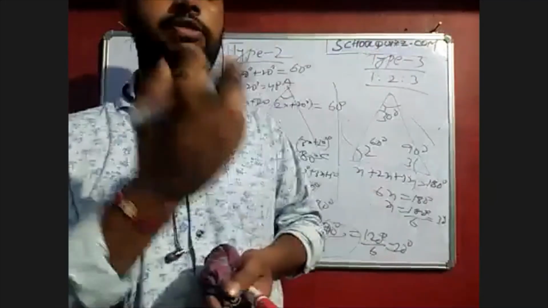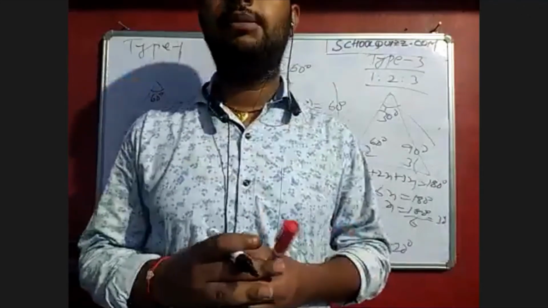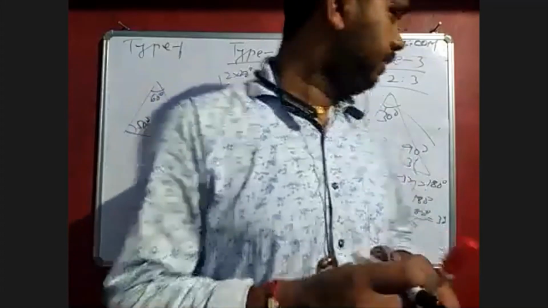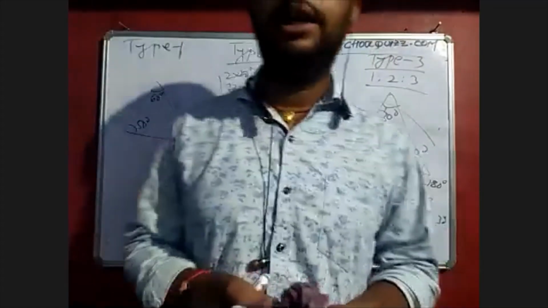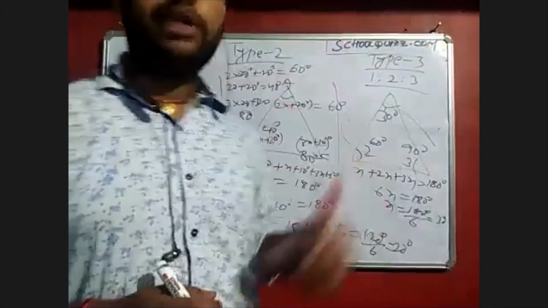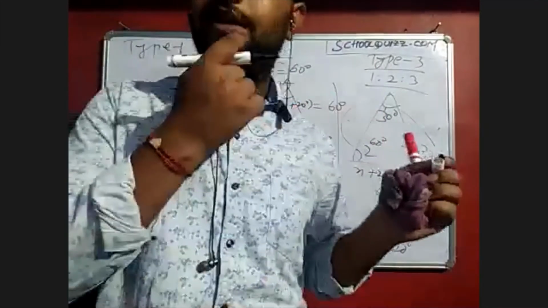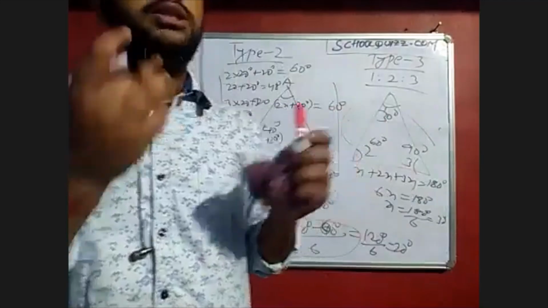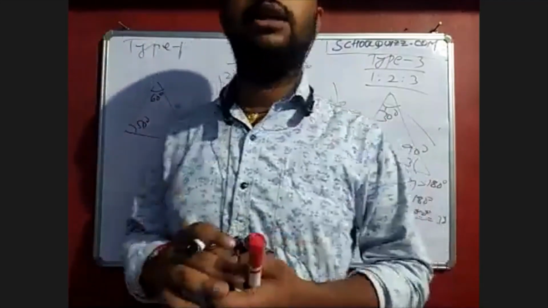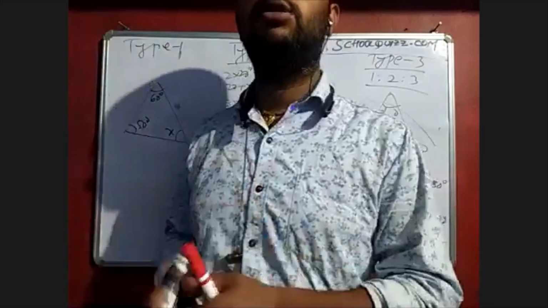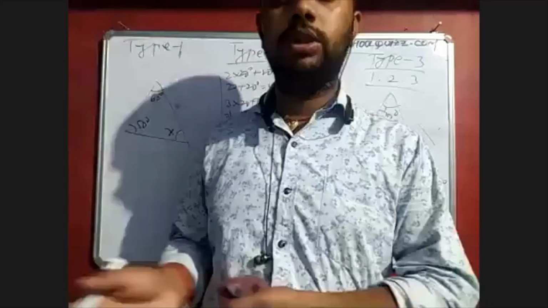Once we define those, we can understand what type of questions they are going to ask from this. We will see this in the next lectures, and we will cover the similarity of triangles also, because without it the congruency is very hard to understand. So first we will go to the similarity of triangles, and then we will do the congruency.